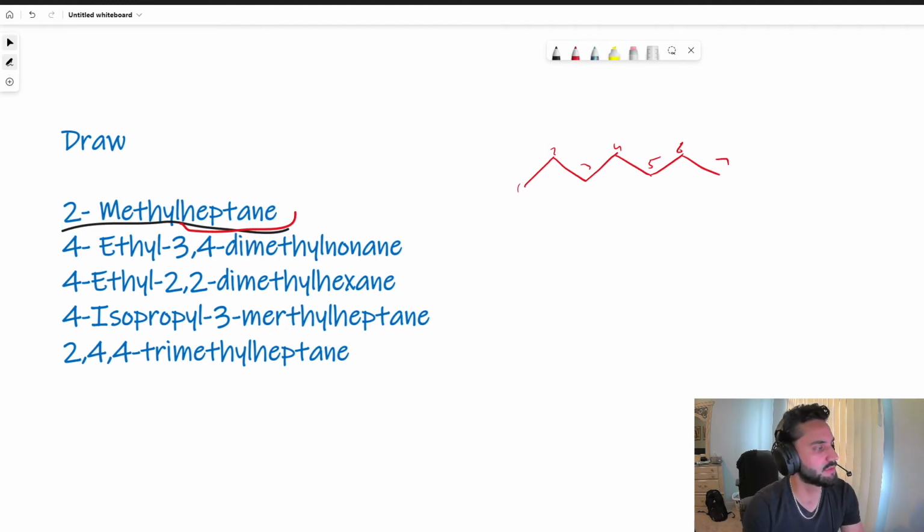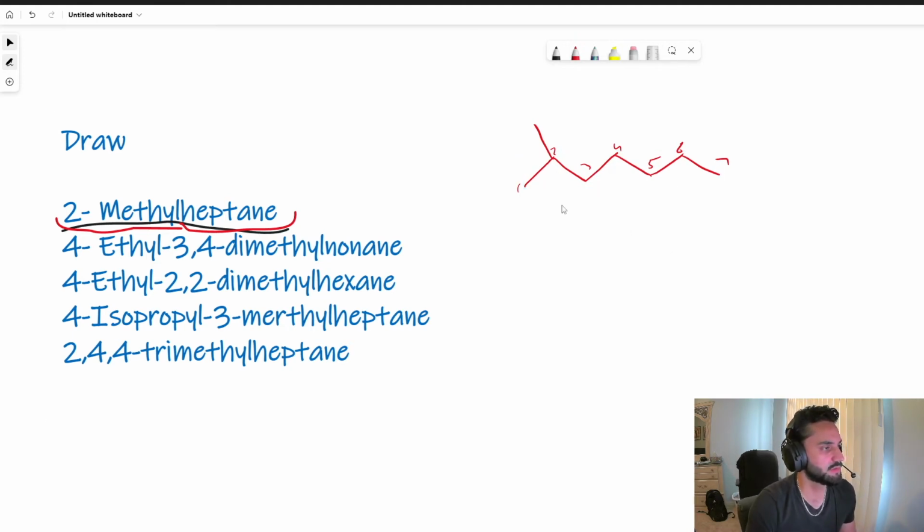Also in this name there's a methyl group here, and the 2 stands for the methyl, meaning the methyl is on carbon number 2. So we would draw our methyl group just like that. So here it is, 2-methylheptane.